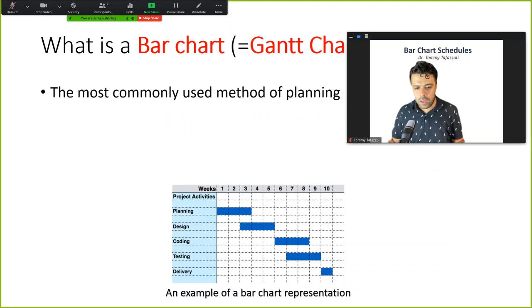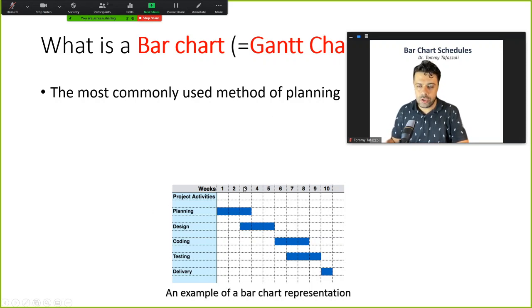So, like I said, bar chart schedules are the most commonly used method for planning. There are a lot of advantages with them, but the most important advantage is their simplicity. They are easy to understand and follow almost by anyone on the job because every day is given a column.